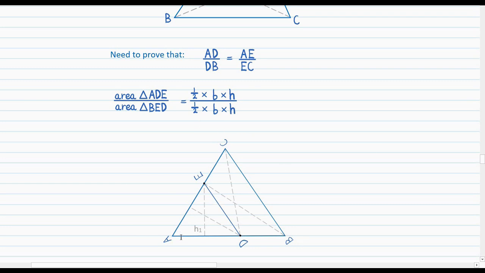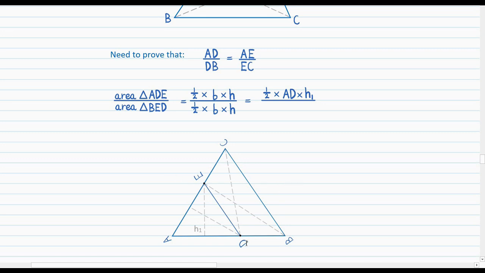So for triangle ADE, the base would be the side AD, and the height, meaning the perpendicular height, would be this height H1. Then for triangle BED, meaning this triangle, the base would be the side BD, and the height, meaning the perpendicular height, would also be H1, since this line AB is parallel to the line upon which the top vertex point lies, meaning this blue line is part of the paper.